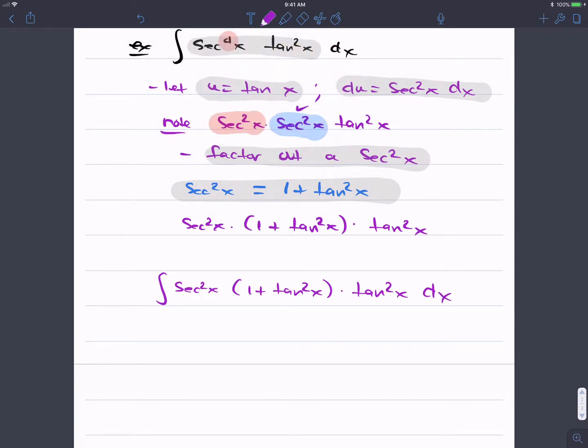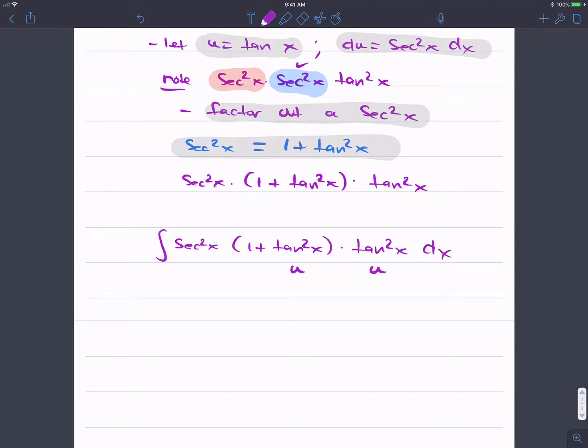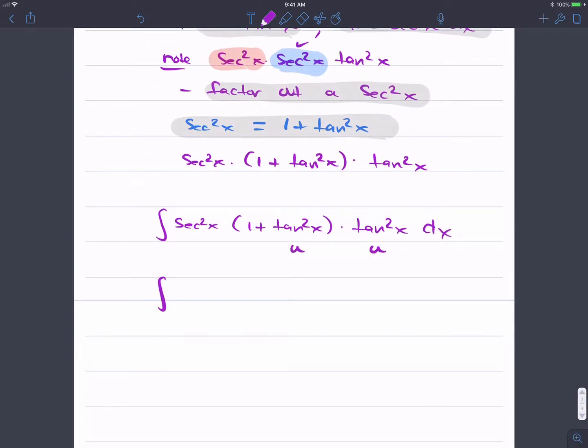So don't forget what u is. u is tangent, so here's a tangent, here's a tangent, but they are squared. And if I do a little bit of rearranging of the terms, I've got 1 plus u squared times u squared for these terms. And then notice, if I rearrange this, I'll have secant squared dx.